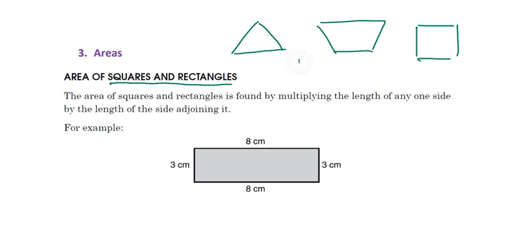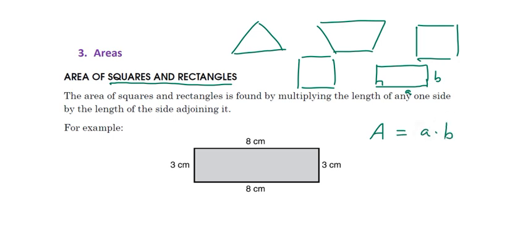A square has four equal sides. A rectangle is like this, with straight lines. If this is A and this is B, then the area of a rectangle is just A times B. For a square, just A times A, A squared.